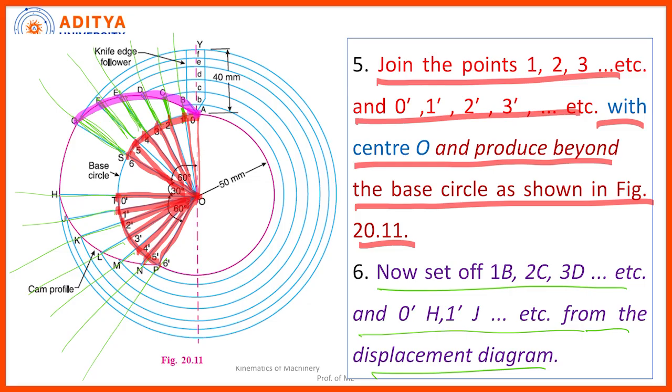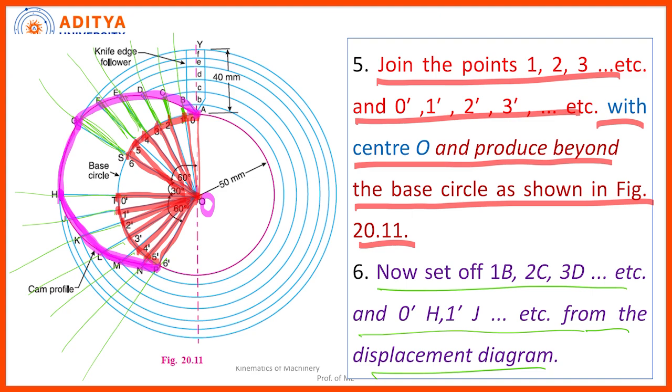After rise, coming to the return also, I will get the same type of profile, like a different curve. What about the intermediate dwell? You take O at the center, and OG or OH as the radius, you join the curve like this, because when there is a dwell, the dwell part of the cam profile is definitely an arc of a circle, right?